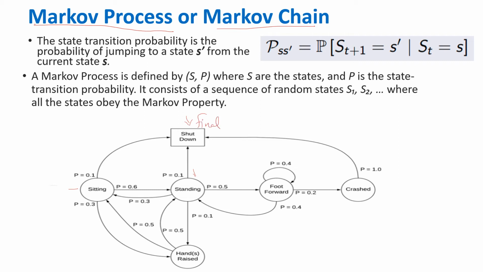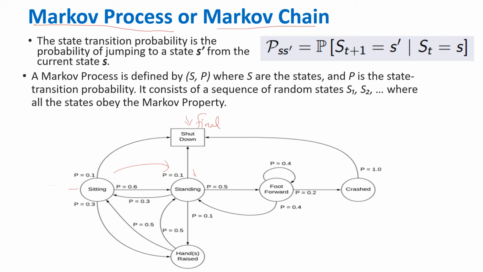Why we call this a Markov chain is that we are going to repeat the process from one state to another, again and again. We can be in the sitting state and transit to the standing state, and move from there and then come back to the sitting state from the standing state. This is going to go again and again.